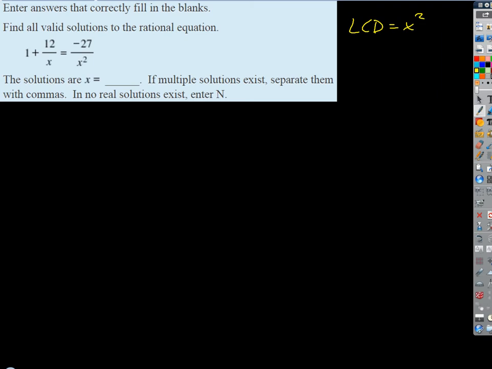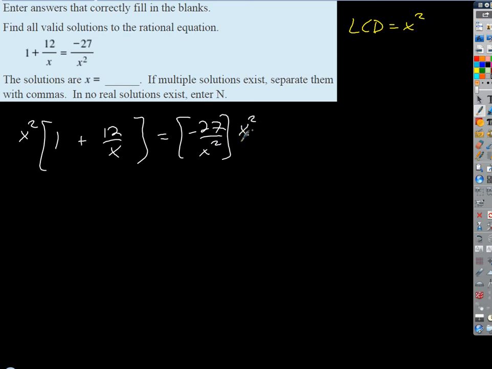So we end up then with x squared times the quantity 1 plus 12 over x equals negative 27 over x squared times x squared. Remember, I have to distribute it through both sides. I have to treat both sides equally, multiply both sides by x squared because it's an equation.